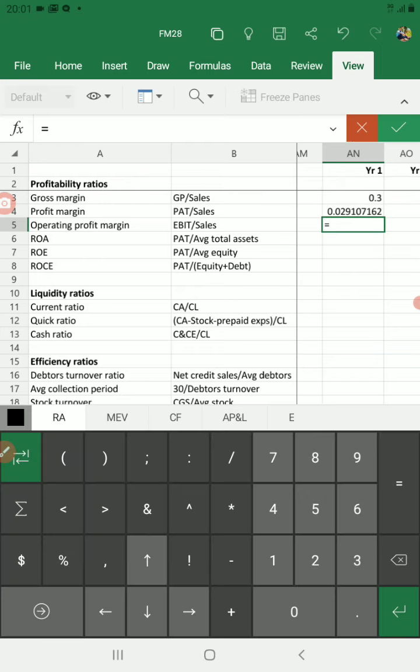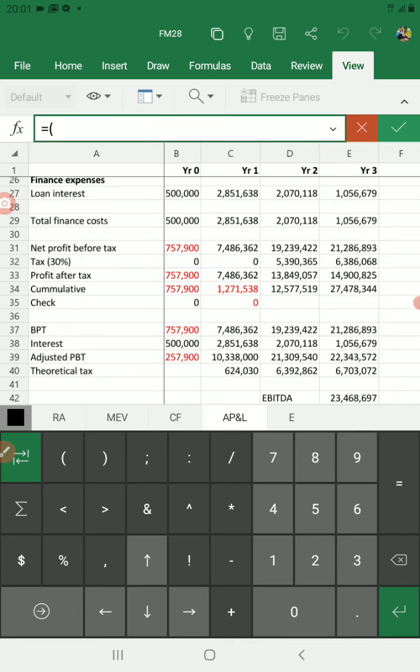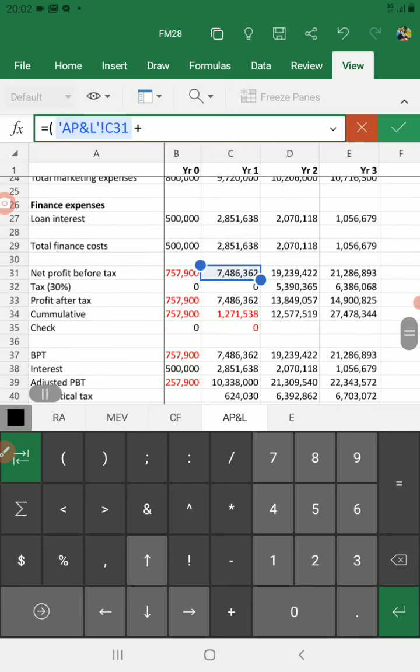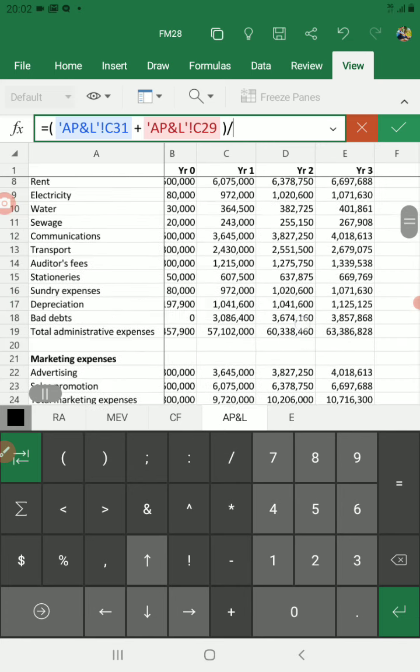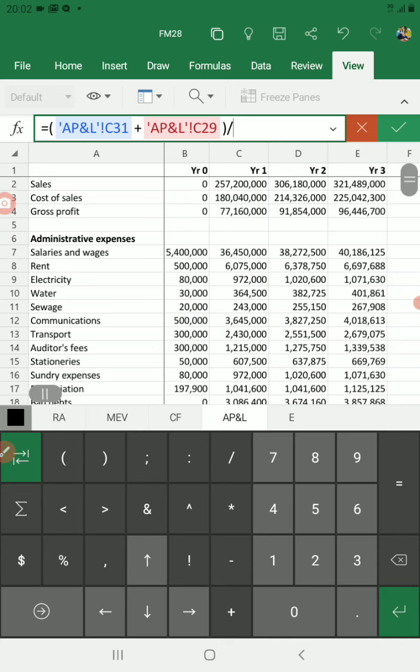Start with the equal sign, open the bracket, go to our earnings before interest and tax. So here we take profit before tax for year one, here, plus the interest component, which is here, total finance cost, and then close the bracket, and then that one is divided by the sales figure, which is this one. Press enter.